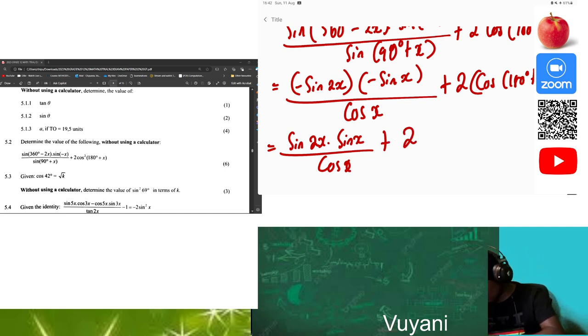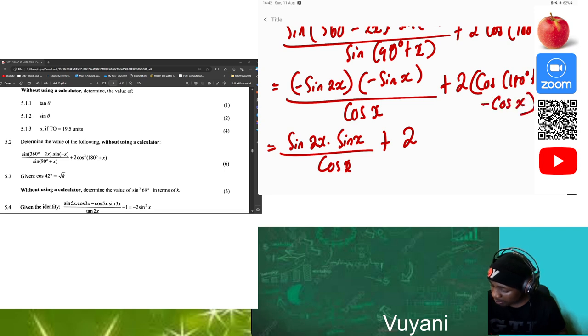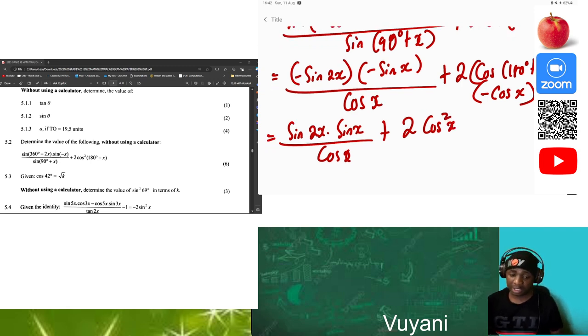Then we know that cos of 180 plus, 180 plus is in the third quadrant, and in the third quadrant it's only tan which is positive, so our cos is going to be negative. But when we square this, it is just going to give us a positive, so that's why we end up having cos squared of x, which is positive.